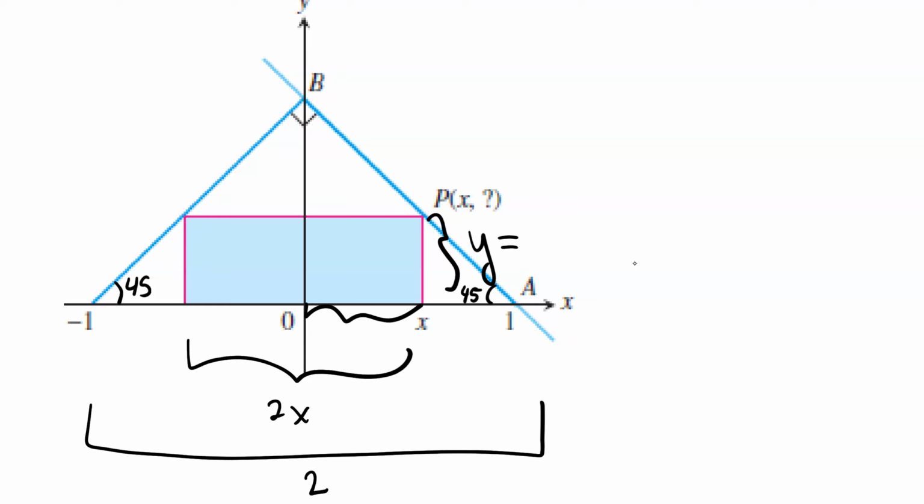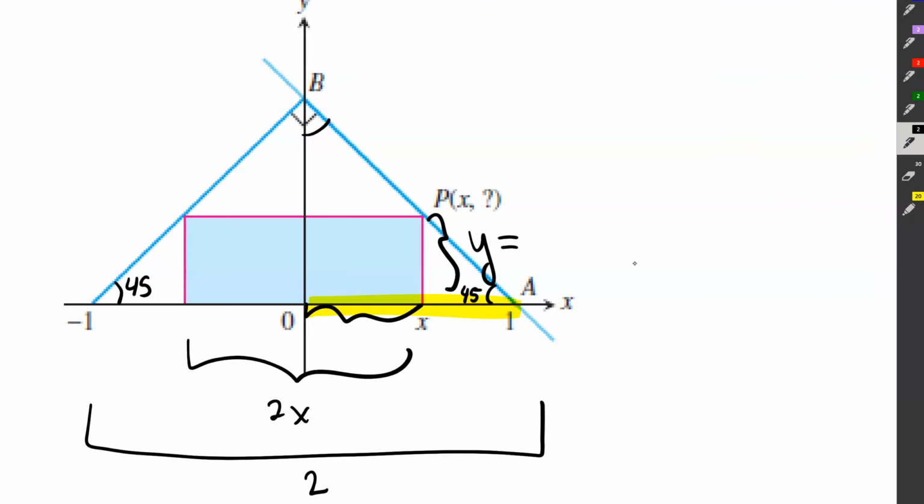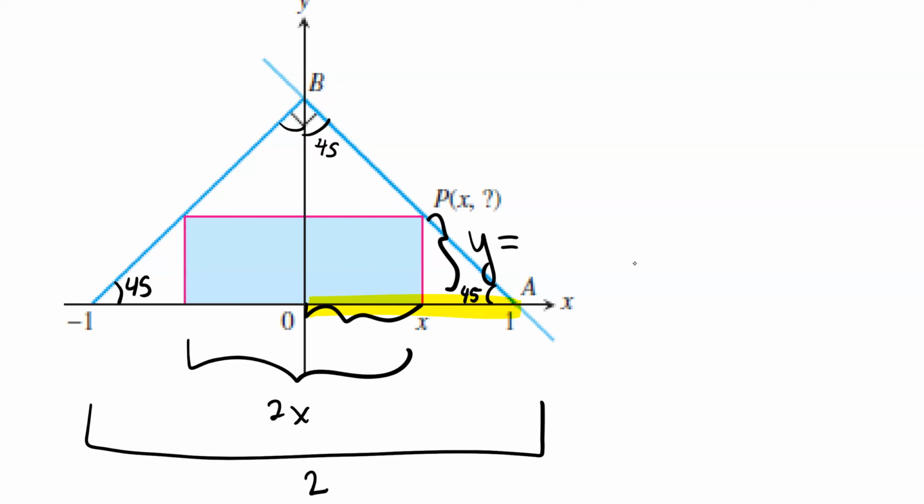Okay, so if this whole length across is 2, let me show you. This whole length is 2. What is this height right here? If this whole length is 2, that means that this length is 1. And if this is an isosceles triangle, guess what? This angle must be 45. This angle must be 45. If this length is 1, guess what this length must be? 1.